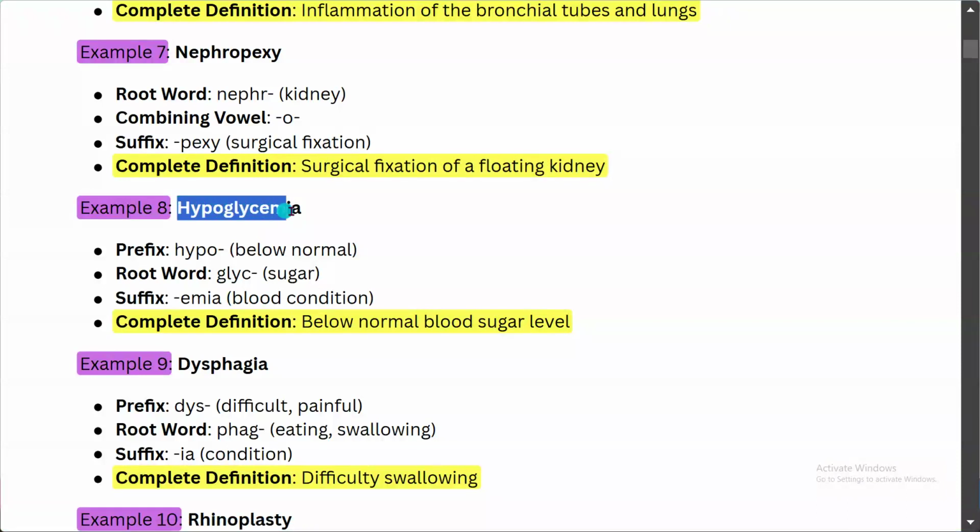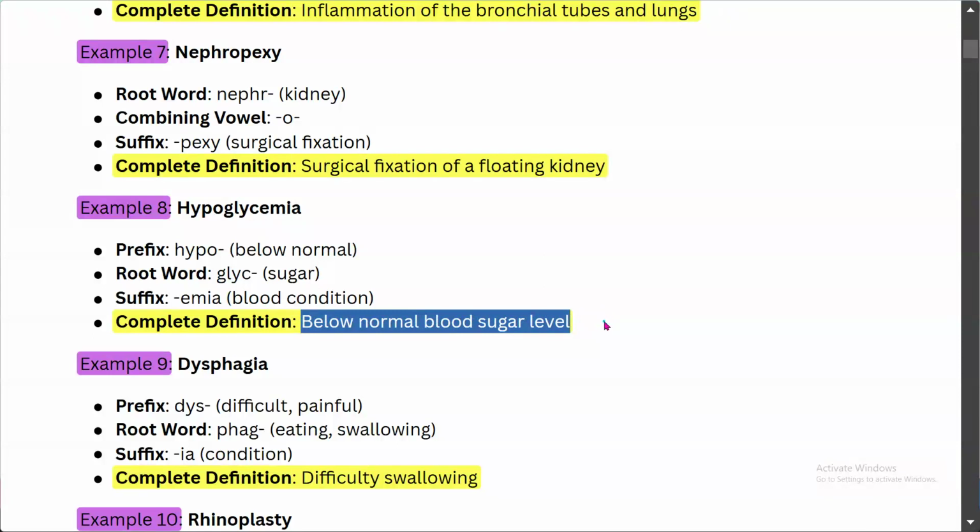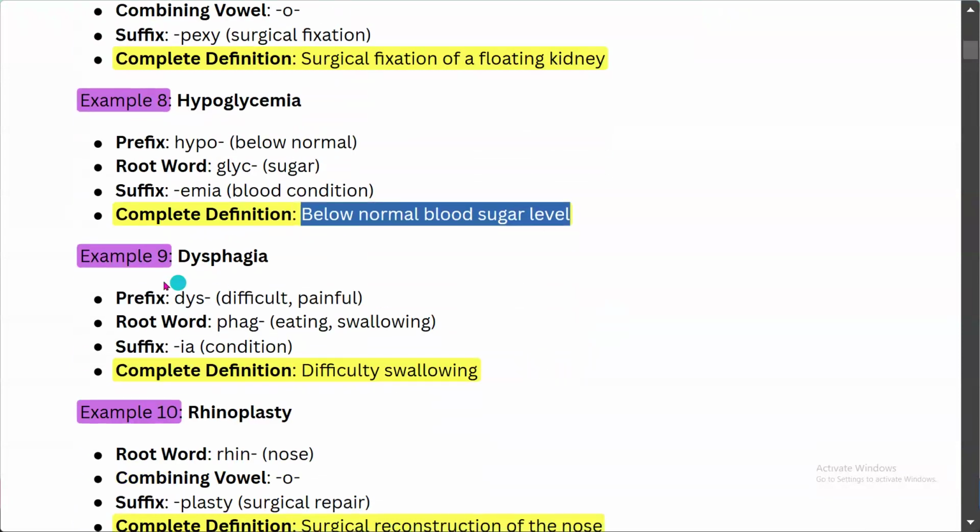Next example is hypoglycemia. Hypo means below normal, and the root word is glyc, that means sugar. Emia means blood condition. So that means below normal blood sugar level. Now the next example is dysphagia. Dys means difficulty, painful.